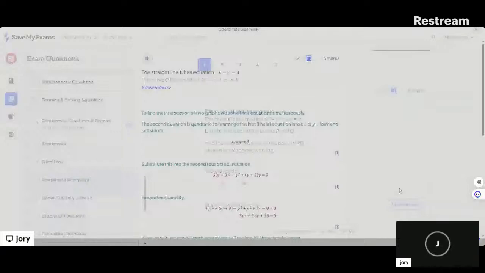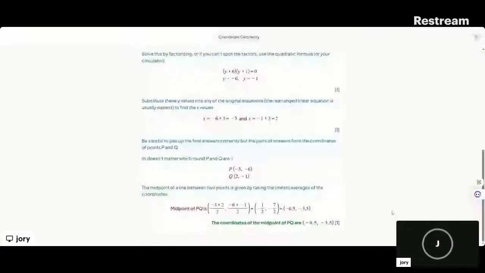I did not get that right. Why did I not get that right? Why are they finding y first? Negative 3. Oh yeah, it's negative 3. Sorry, my bad. It's negative 3.